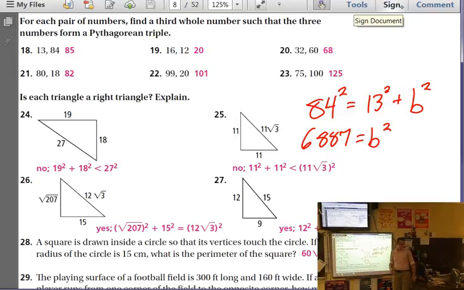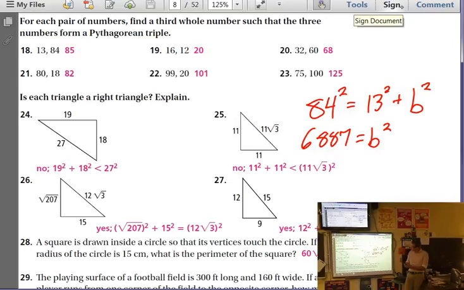Is there an easy way to determine which one? I mean, this is a manipulation 4 times it. So that one's easy to see, but all of these are a manipulation of 3, 4, 5, I believe. Actually, let me check. Was number 23 also a manipulation of 3, 4, 5? Well, they're all supposed to be.